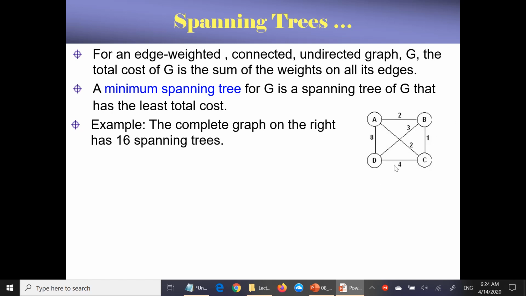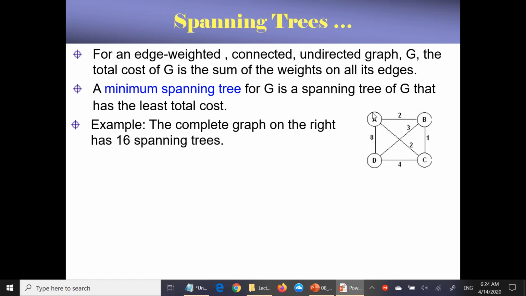If you remember the definition of complete graph, from any vertex, we can go to any vertex directly. So suppose we have this graph where the edges have weights as listed here. What is the minimum spanning tree for this graph?